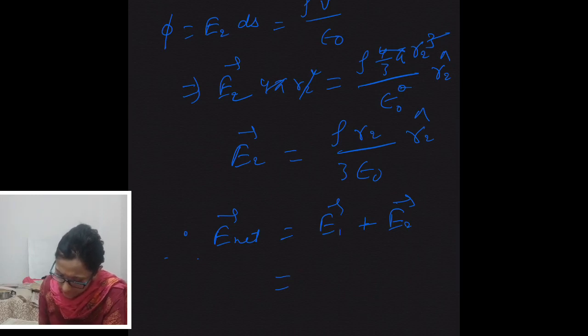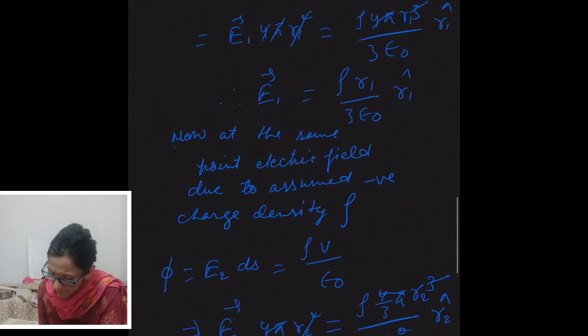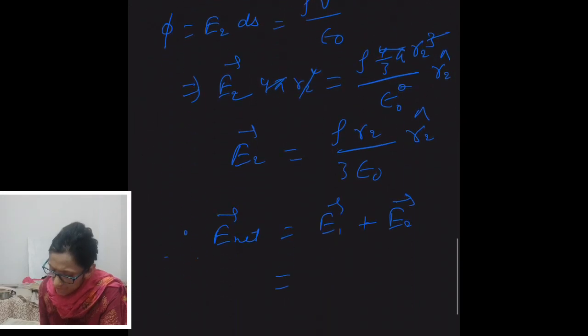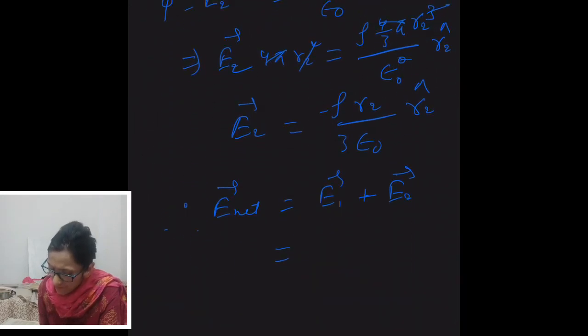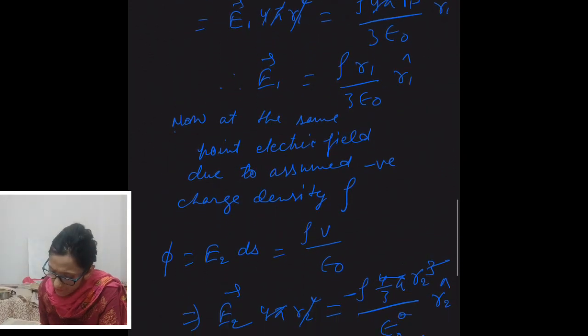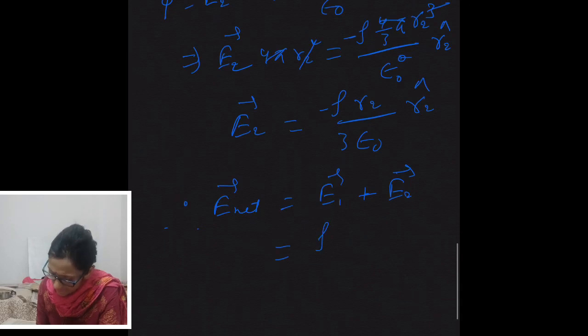Therefore E net is equal to E1 plus E2, and since this charge density is negative, let me put a minus sign here.